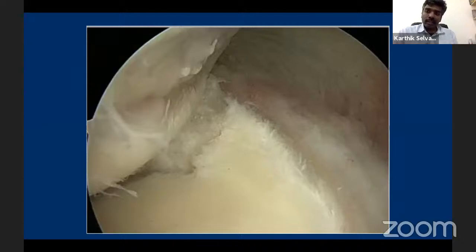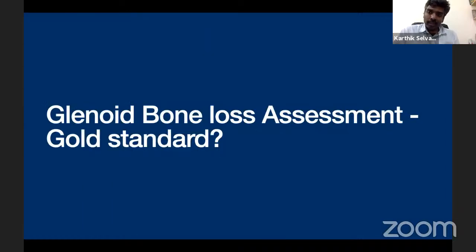So once we started realizing that the glenoid side bone loss was a problem, then we went back and looked at the humeral side bone loss as well. And now our understanding has evolved to such an extent that we do understand to some extent the interaction between the bone loss on the humeral side and the glenoid side.